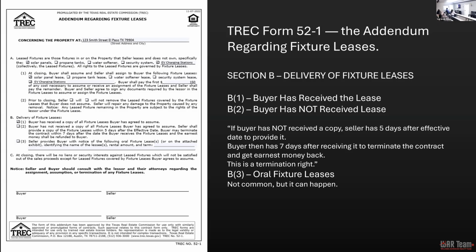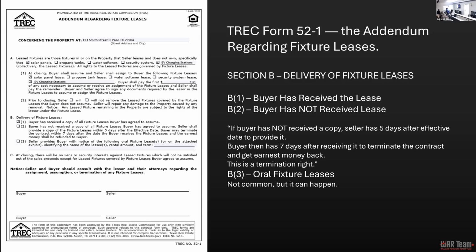Okay. 2, buyer has not received a copy of the lease. Buyer has agreed to assume the lease. Seller now provides a copy of the fixture lease within 5 days after the effective date. Buyer may terminate the contract within 7 days after the date the buyer receives it, similar to the seller's disclosure, right? So I say that to say, you should be 1 or 2 most likely.